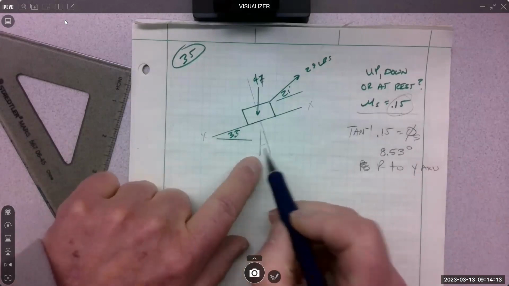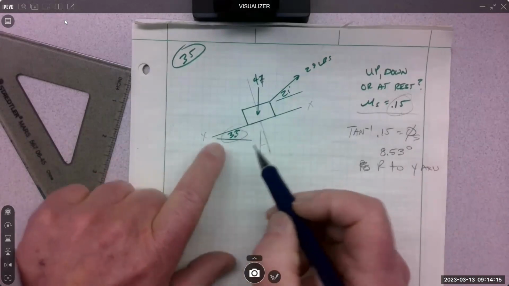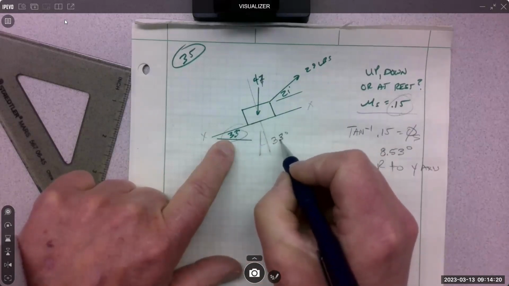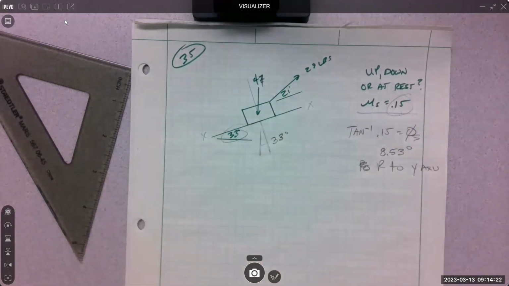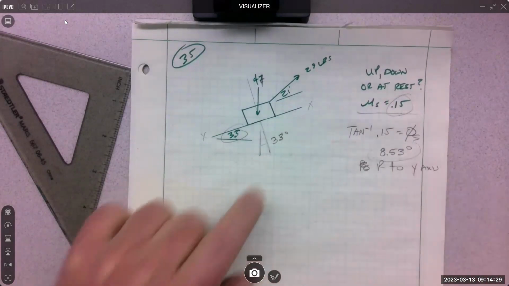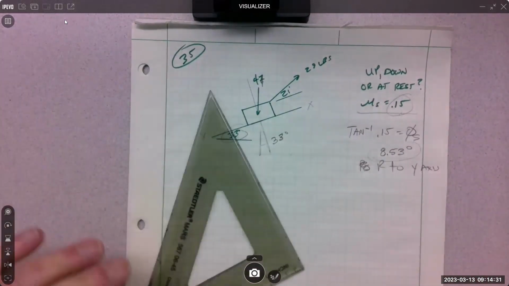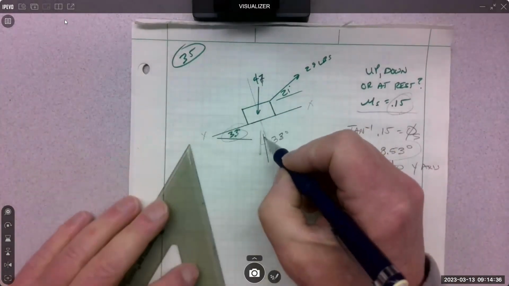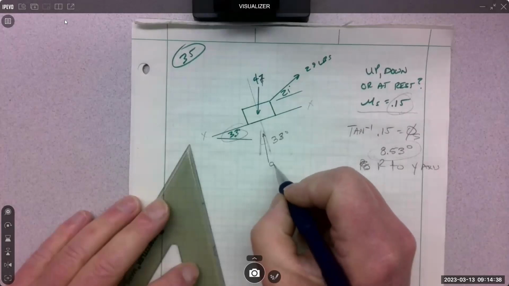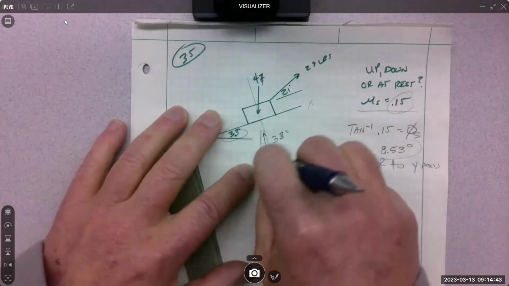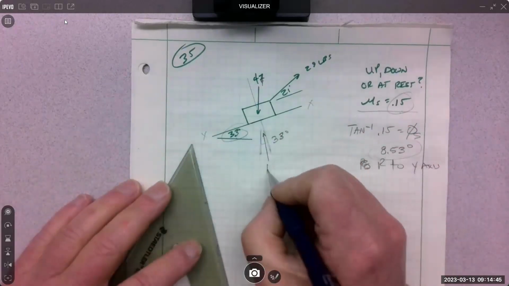From vertical to the y-axis is always going to be the 33. It's going to be your slope, right? And from R to N, or this y-axis, is only 8.53. So that puts R right in here somewhere. Huh? Yeah, that's our resultant for sure.